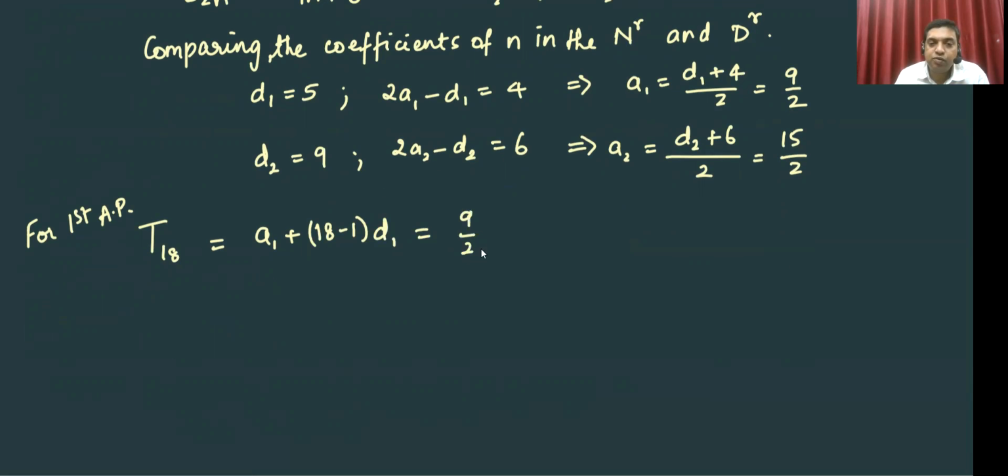That is 9 upon 2 plus 17 into 5. So this is 179 upon 2.